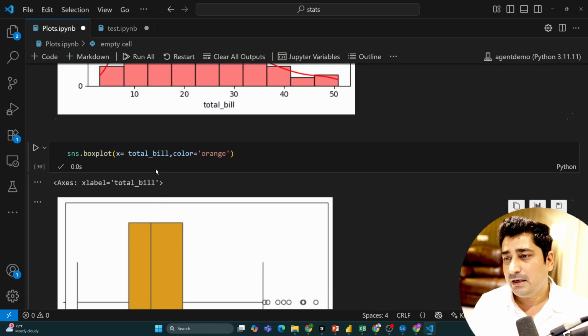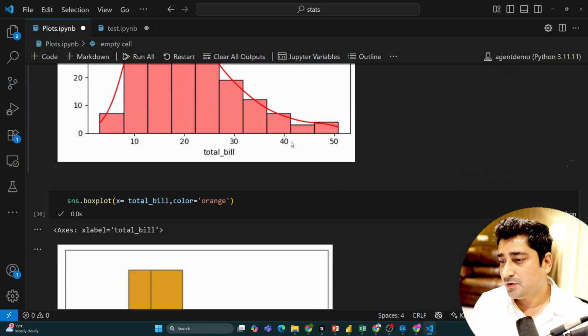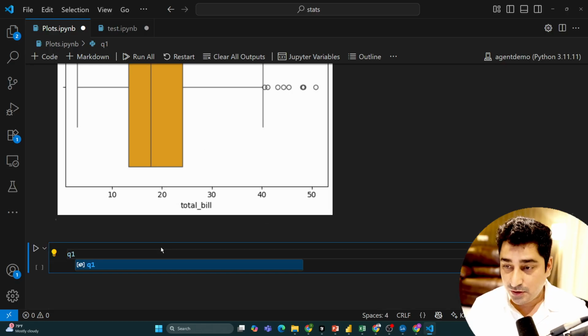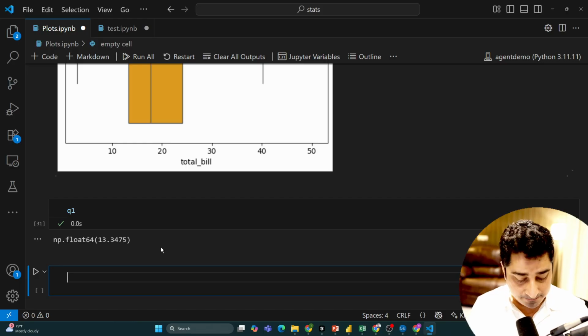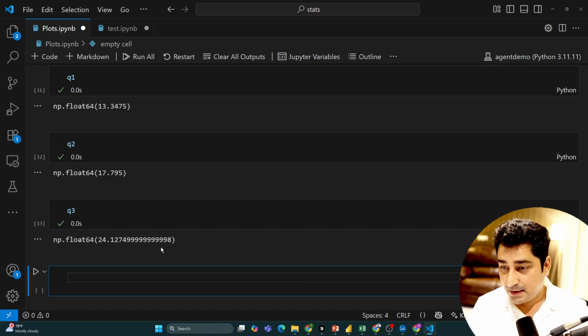So now if I go back to my calculation, or maybe I can try to recall those calculations here itself. My Q1 was 13, my Q2 was 17.795, my Q3 was basically 24.12, my IQR was technically 10.77.